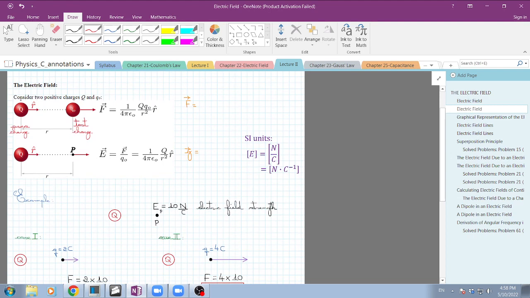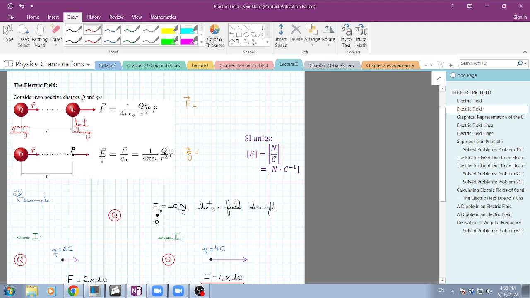Instead of considering, for example, these two particles, we think about this problem as one isolated particle, and this particle is modifying the space around it.